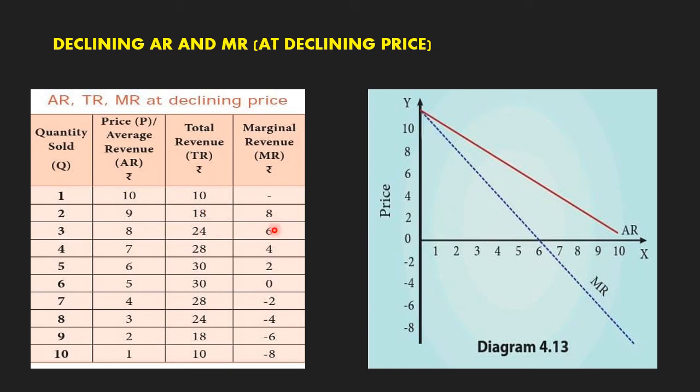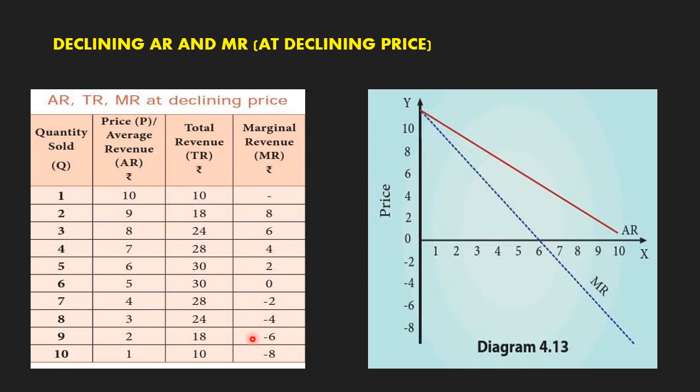So you can see with the example that total revenue is no doubt increasing till a certain point, but the marginal revenue is decreasing. Why is it decreasing? Because the price is decreasing. It is not giving that much amount of revenue because of the decrease in the price. At some point, the marginal revenue is 0 and it is also going down.